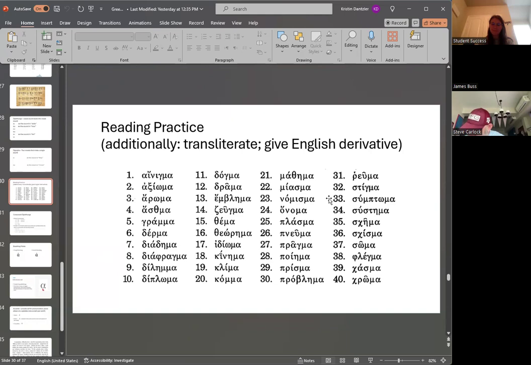Okay. Sigma, Upsilon, Good. Rho, skipped a letter. Mu. Yes. Mu.